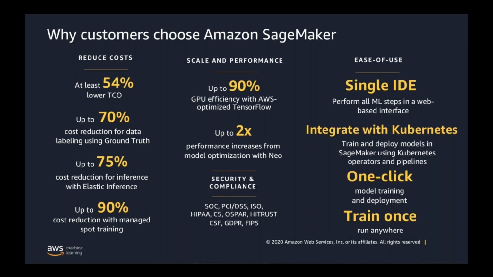And in study after study that we have, customers get at least 54% lower TCO, total cost of ownership, and the ability to leverage tools like managed spot training, so you can take advantage of low cost, high availability instances, and also having all of the security compliance handled for you ends up being a major value add for machine learning teams from startups, medium-sized enterprises, and even large Fortune 500s and Fortune 50s companies.